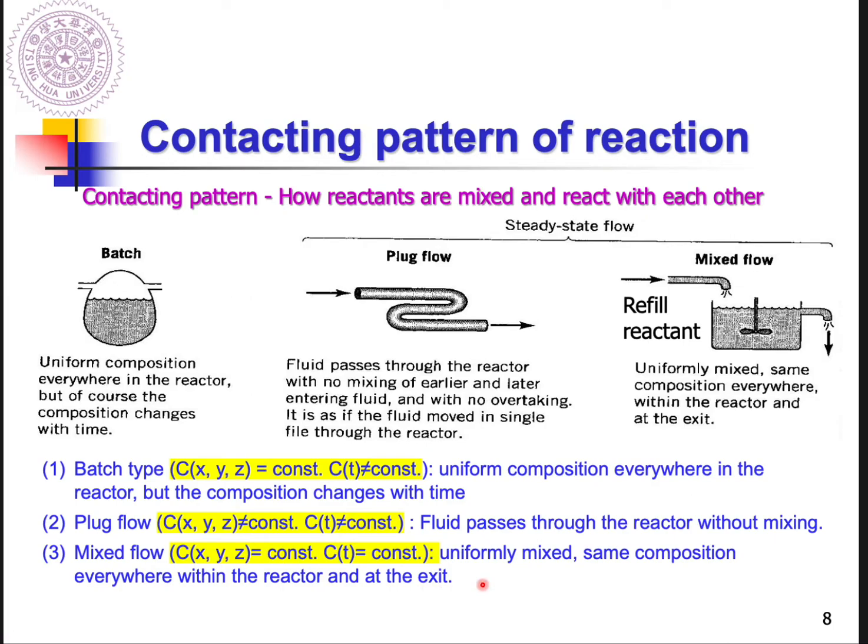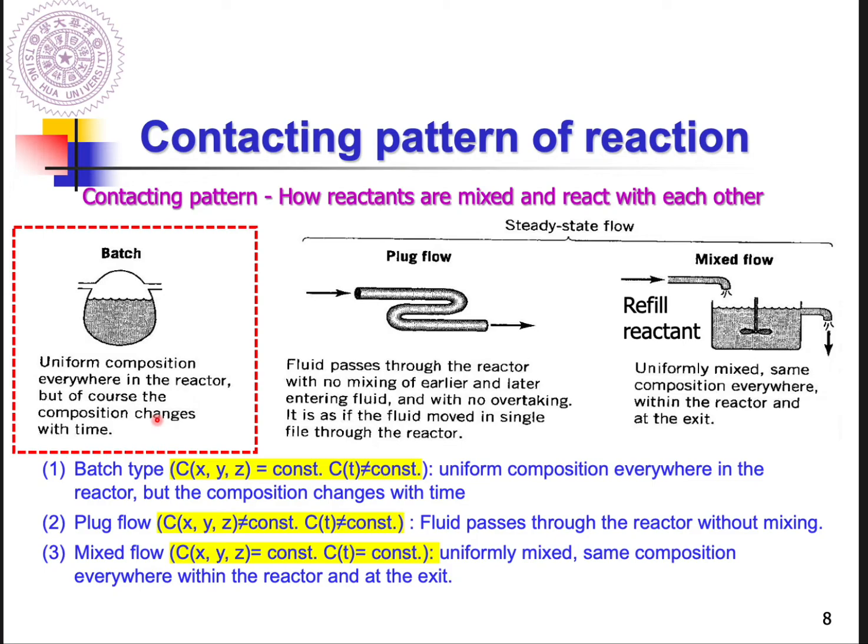Because in kinetics we care about how the concentration changes with time, and hope the concentration will be uniform anywhere, the chemical reaction we talk about in kinetics belongs to the batch type.